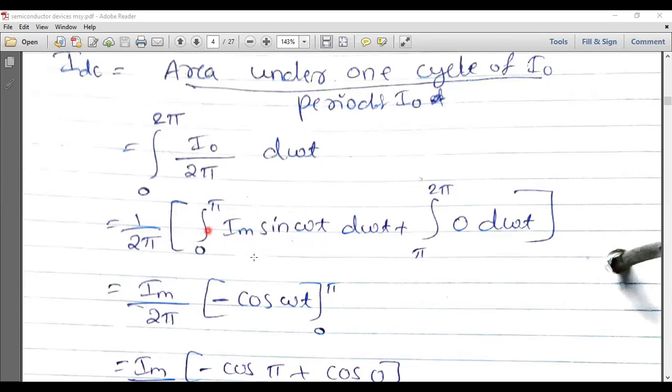For the first half cycle we are getting output, output current we are getting, pulsating DC. So I naught equal to Im sin omega t for 0 to π only, plus from π to 2π I will draw once again here. This is like this. Okay, this is 0, this is π, and this one is 2π here now.